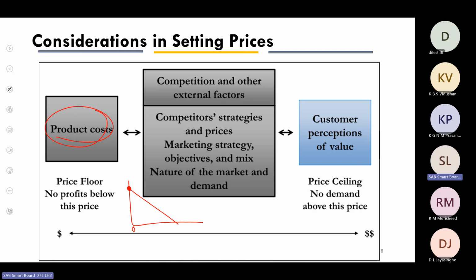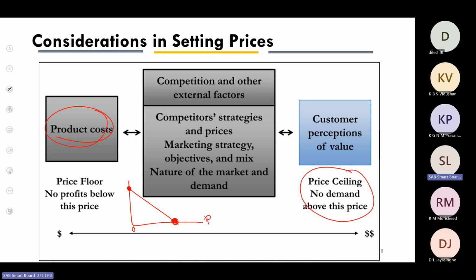Then we have to consider the maximum price, which we call the price ceiling, right? The price ceiling is the maximum price we can charge, which means that after this price, if this is the price axis, after this point we will not have any demand. We need to consider those two extremes: the lowest level which we can charge as a price, and the maximum level which we can charge.